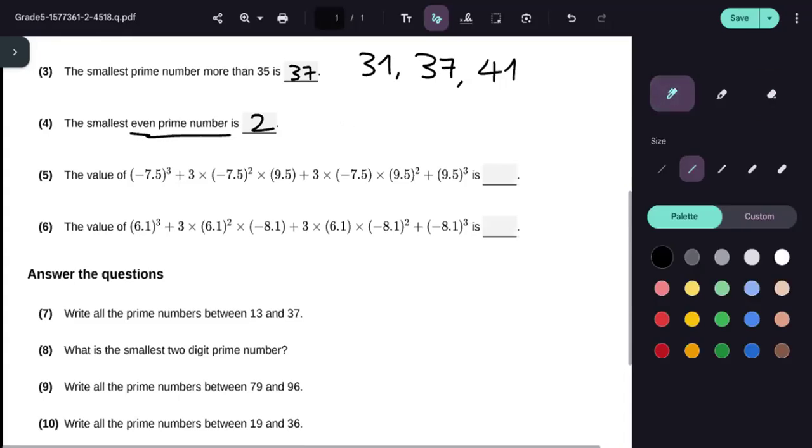Okay, next one, the value of this whole long sum is, this one is very easy, just go to your calculator and press it out. Just type every single thing into your calculator.